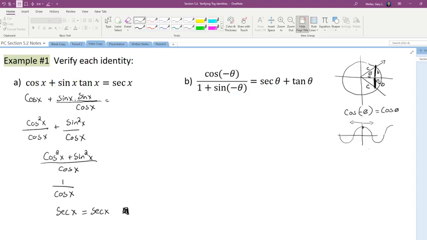All right. And then what about sine of negative theta compared to sine of theta? Same argument. Let's come back up to our picture. This time, when I look at sine of theta, I have b over c. And when I look at sine of negative theta, I get negative b over c. So one of them gives me b over c, one of them gives me negative b over c.